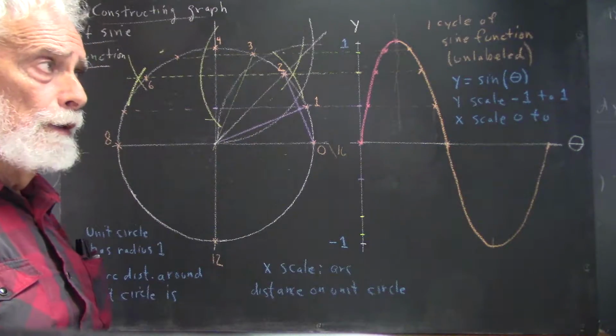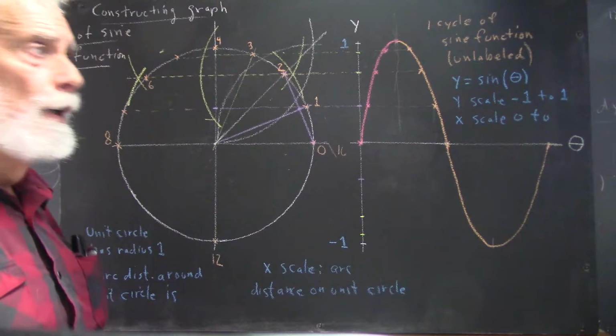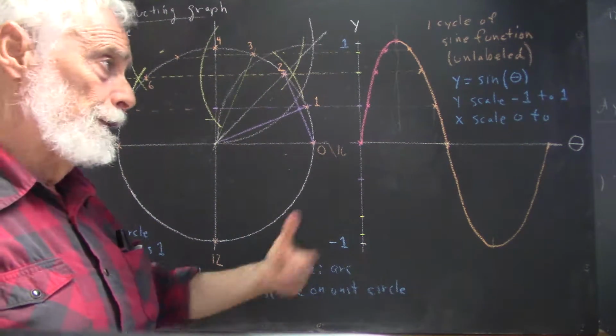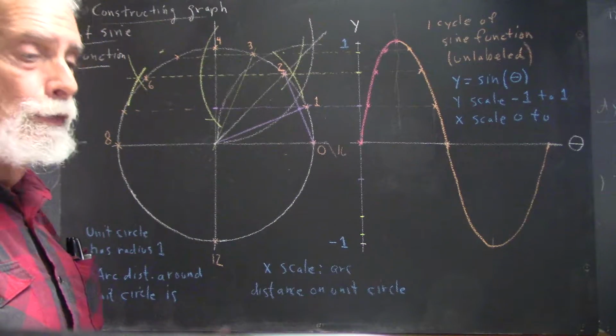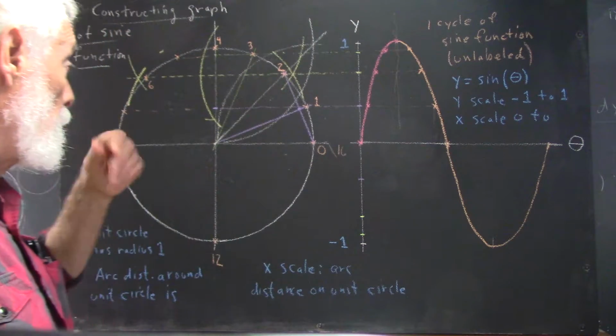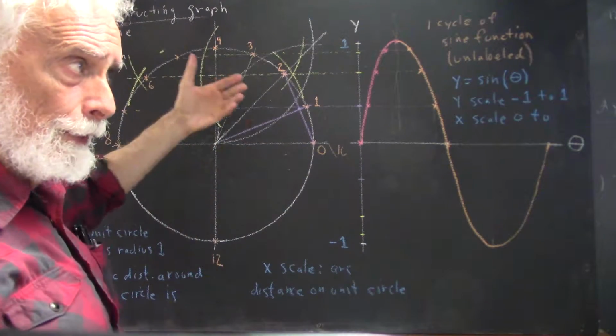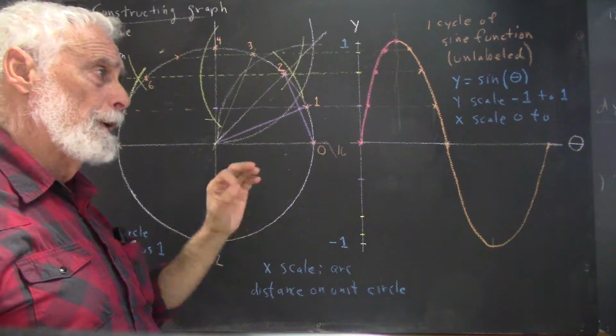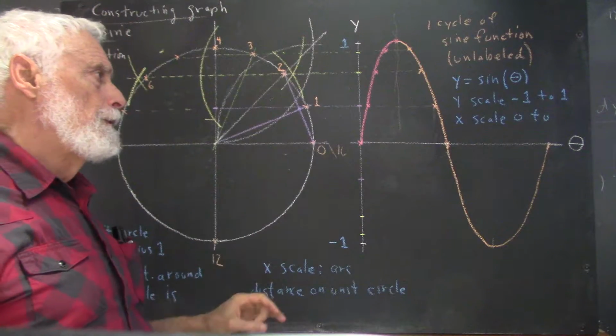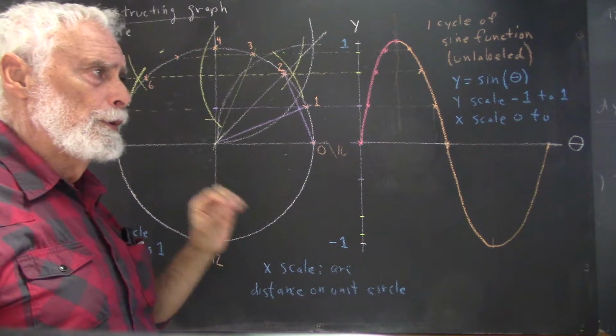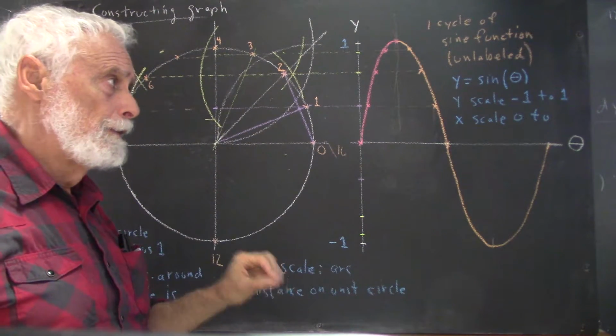There's nothing at all wrong with 360 degrees, but 3600 would have worked as well, 720 would have worked as well, 1440. So there's nothing sacred about 360 degrees, but there is something sacred about the measure that we use when we're doing the mathematical sine function.